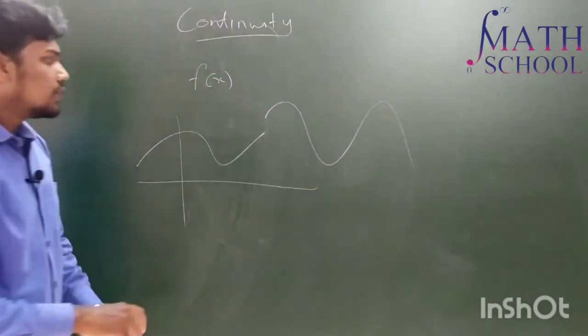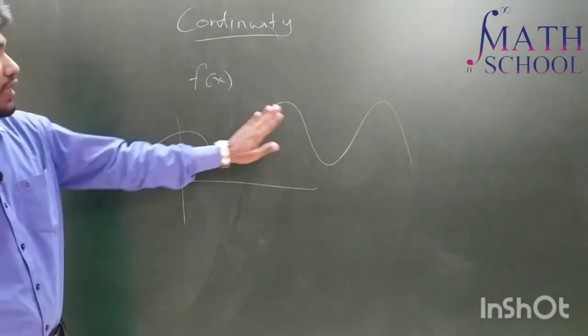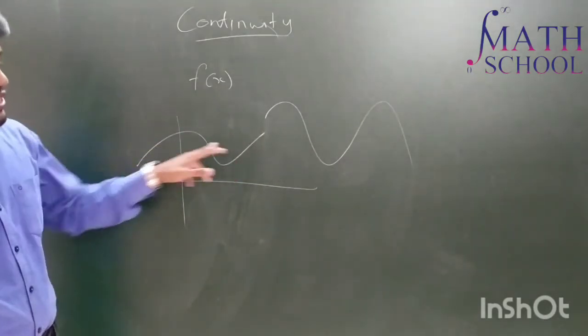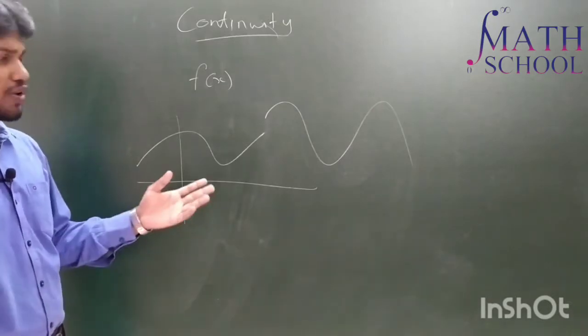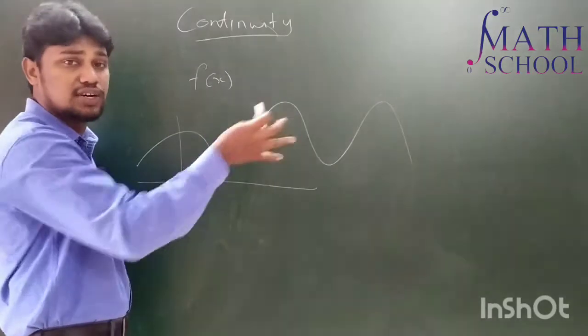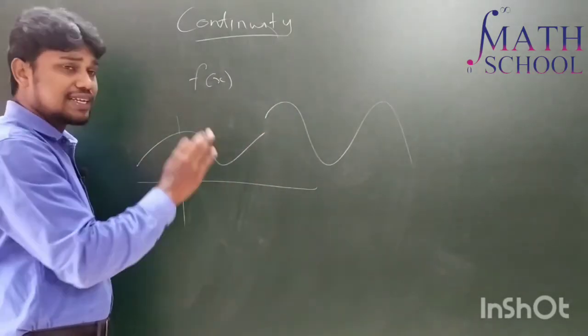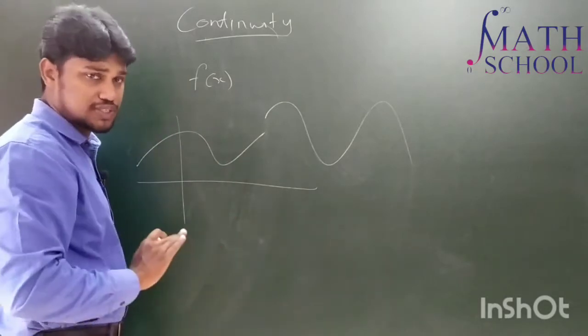This is also a function because for each input there is an output. Is this a continuous graph? No, of course. It is very explicit, because there is a break in this curve. When there is a break in the curve, we can say this is a discontinuous graph. This is not a continuous graph.